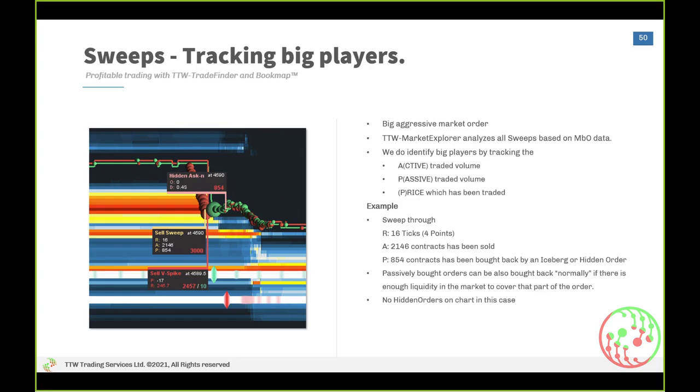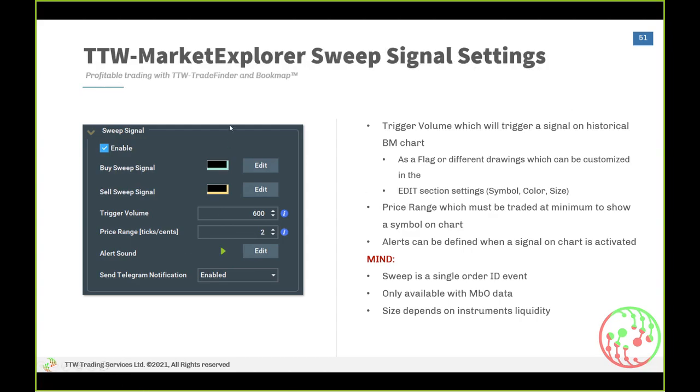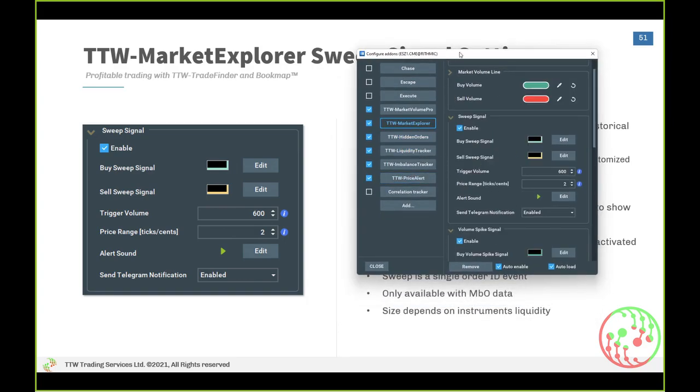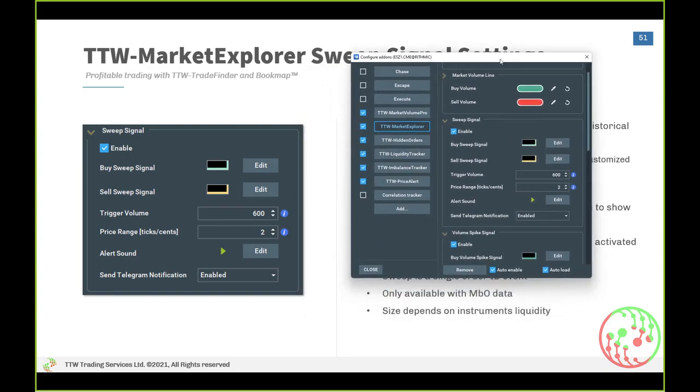We do identify big players by tracking the active traded volume, passive traded volume, and the price which has been traded. So we discussed that. That's a part of the Market Explorer. You can set, and you must set the volume based on the traded market volume.